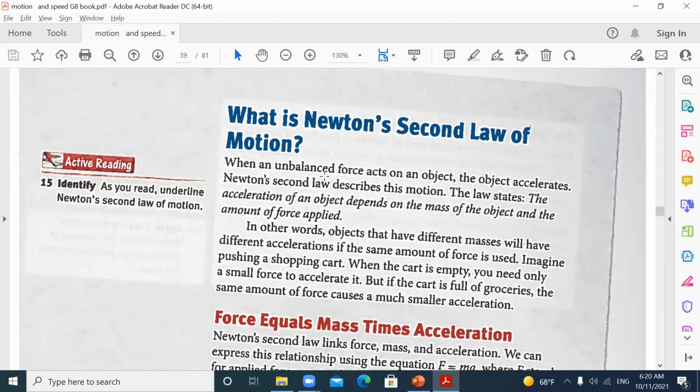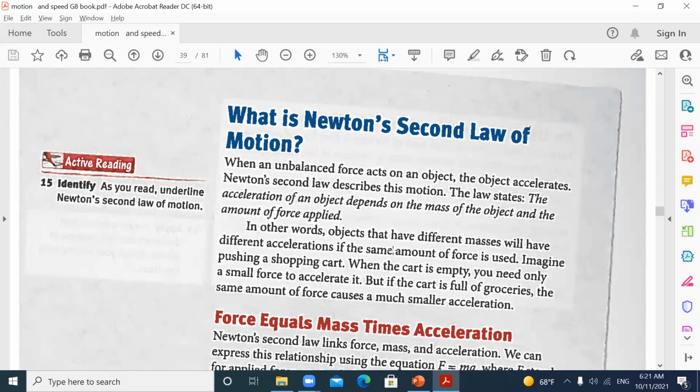The second law of motion: when an unbalanced force acts on an object, the object accelerates. Newton's second law describes this motion. The law states the acceleration of an object depends on the mass of the object and the force applied.